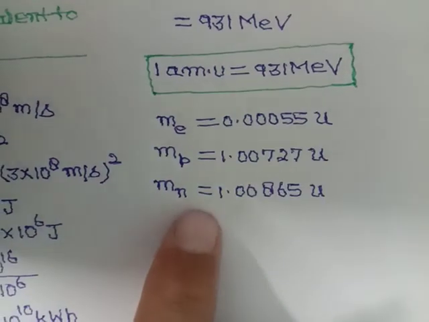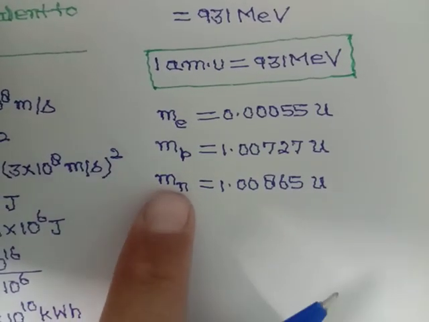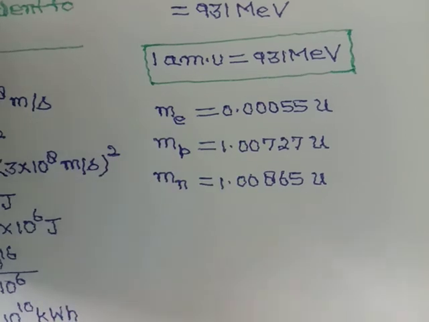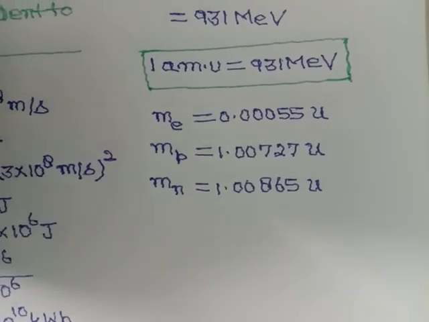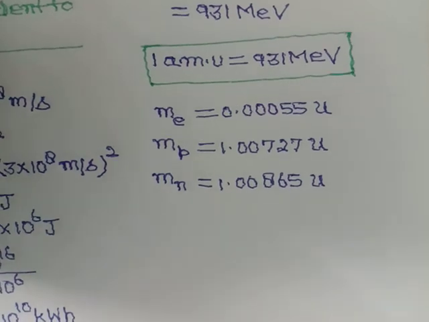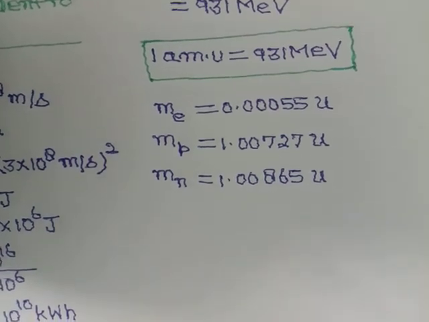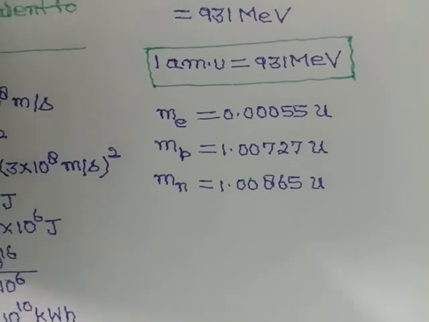So we see here that the mass of neutron is a little bit larger than the mass of proton. Our next topic will be nuclear fission, which will be covered in the next video.